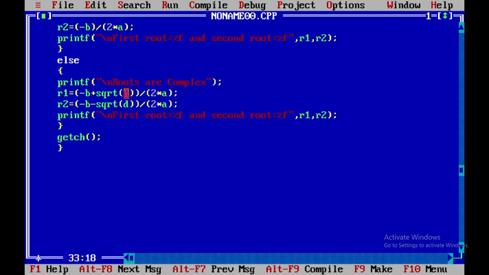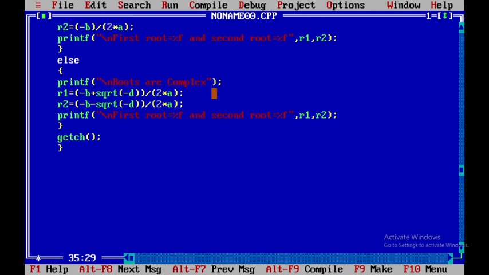So the first root is what? Minus d. Since it is negative, we want to make it positive, so minus minus becomes plus. And then first root is %f, the real part. So now we are going to write the real and imaginary parts separately.